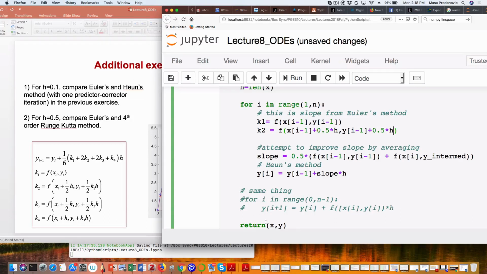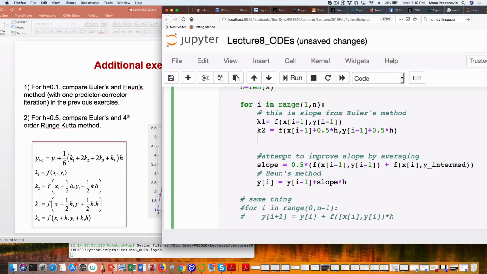It's the same thing. Oh, and this is times K1. And then K3 is something similar, just using K2. And finally K4, with h.